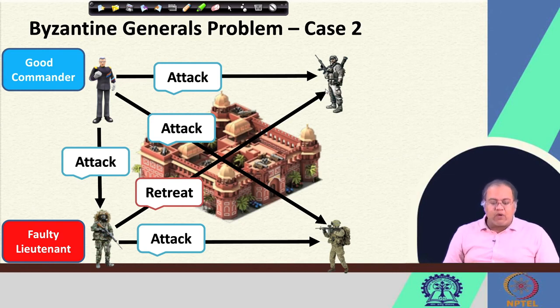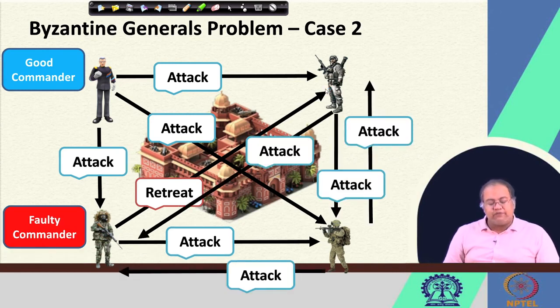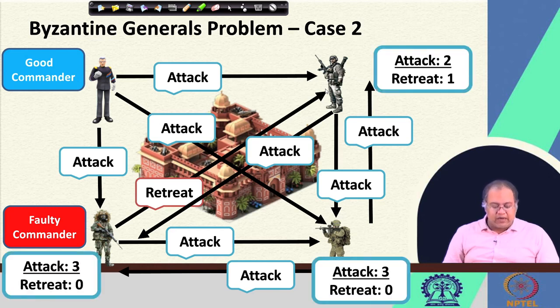And whatever has been received from the commander, the other fellows also relay the same. So, they have received an attack, so they only relay the attack. Now, in this case, if I calculate the number of attacks and retreats, we will see that for this particular lieutenant I had 2 attack, 1 retreat. For this one I have 3 attack, 0 retreat.